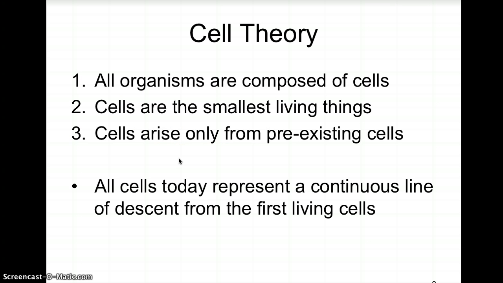And the other thing to know is that all cells today represent a continuous line of descent from the first living cells. So we don't know exactly what the first organism was or the first living cell, but we know that every single thing that exists exists because of cell division, so mitosis or meiosis, which we're going to be covering soon. But the important thing is spontaneous generation is not correct.